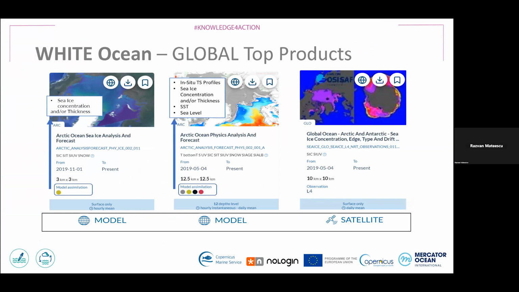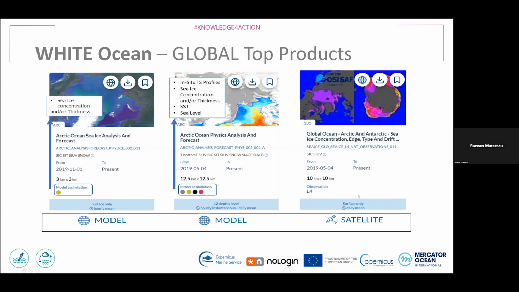So for white ocean, several top products you may find in the Copernicus Marine data portal: several forecast data with a resolution of 3 kilometers, model assimilation since 2019, but also model data with reanalysis and forecast since 2019 with a coarser resolution of 12.5 kilometers, also with data assimilation.